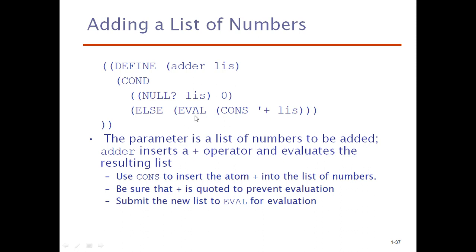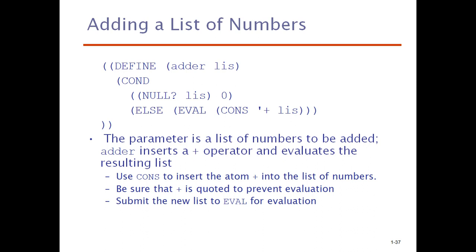So when you add this plus with the list, once the list has the plus in the beginning, it will result in the addition of all elements in the list. Say, for example, elements 1, 2, 3 are available in the list, then if you place plus in the beginning, it means 1 plus 2 plus 3.